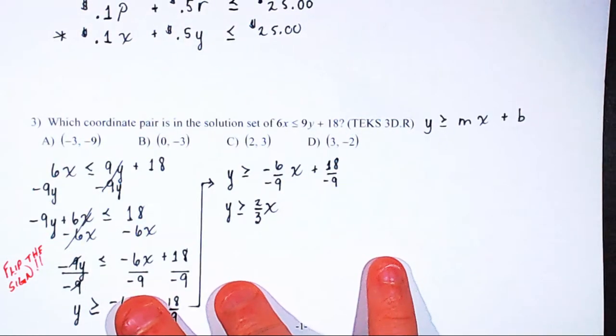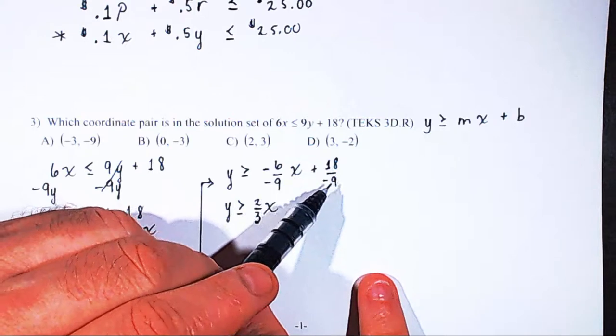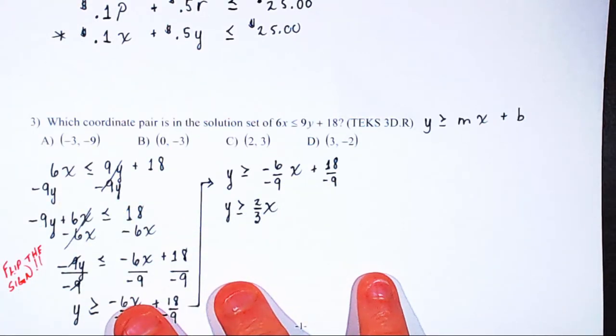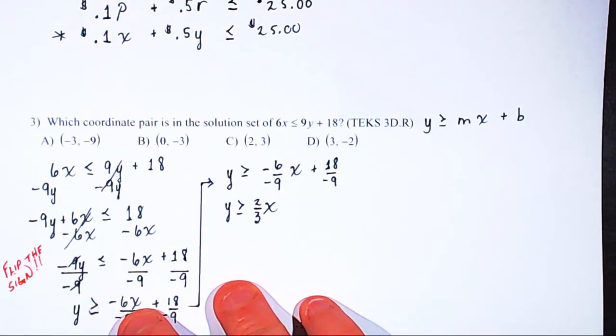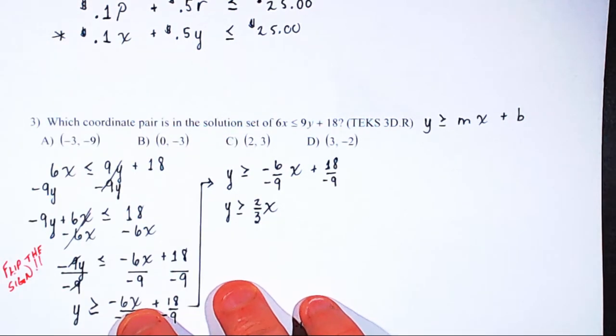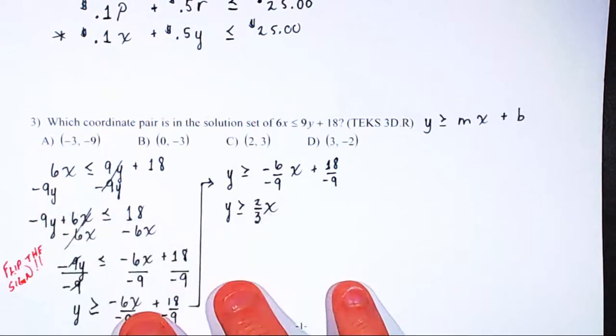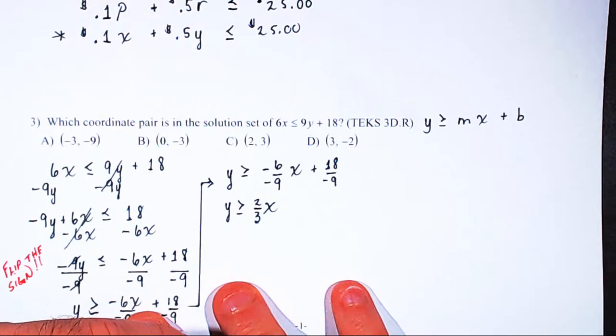Nothing happened to him. And now we have this weird expression right here, 18 over negative 9. Now the simple solution here is to think, can I divide 18 by 9 evenly? And yeah, you can. If you just take your calculator and divide 18 by 9, you get 2. So 18 divided by 9 is 2, but I've got this negative symbol. So it's actually negative 2. 18 divided by negative 9 is negative 2.